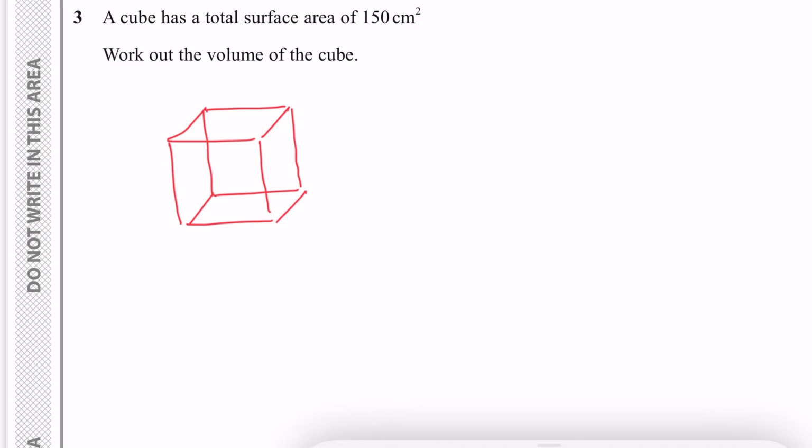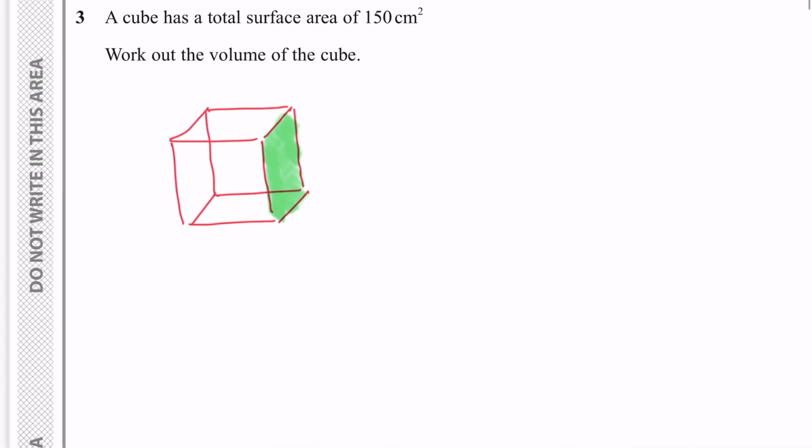So what you need to know and what you need to find is the area of one face, like this. And because it's a cube, all the faces are equal, and we have 6 faces.